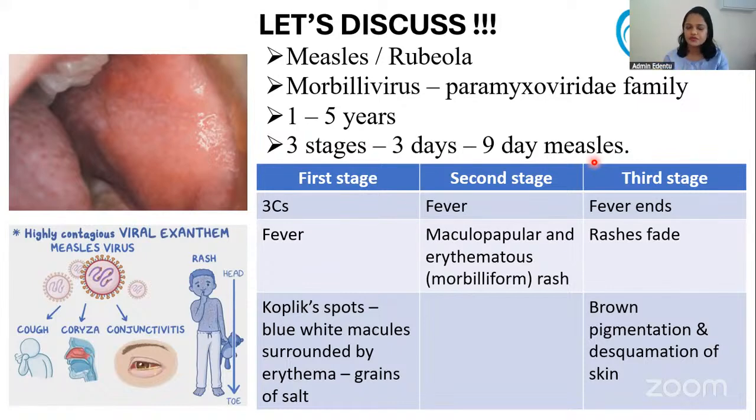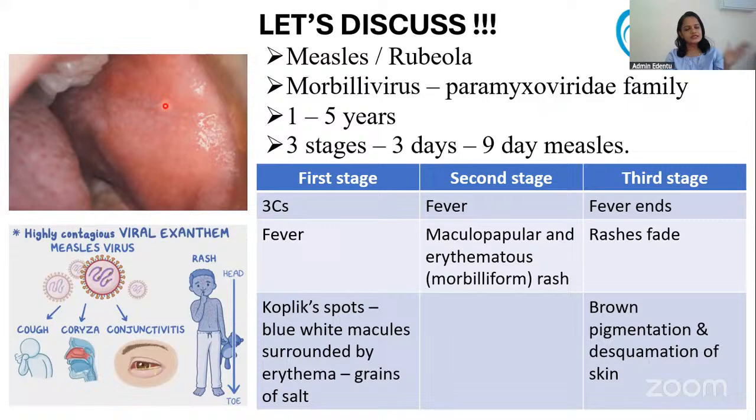Along with that, fever will also be seen. And one important oral manifestation during this first stage is the Koplik spots. You will see bluish white macular spots in the buccal mucosa, giving the appearance of grains of salt. This is the grain of salt appearance of the Koplik spots.